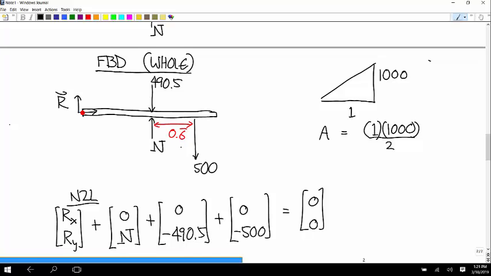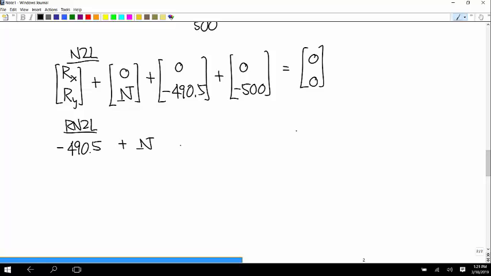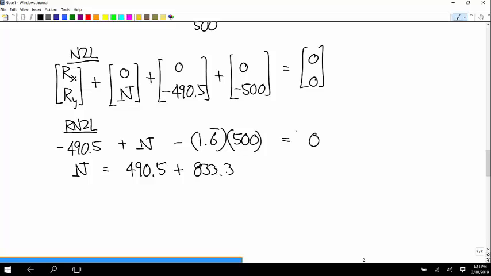And then the 500, what's its moment arm? 1.6 repeating. The magnitude's 500, and is that clockwise or counterclockwise? Clockwise, so that's minus 1.6 repeating times 500, and that's everything, so this is equal to 0. So N is equal to 490.5 plus 833.3 repeating, I think.